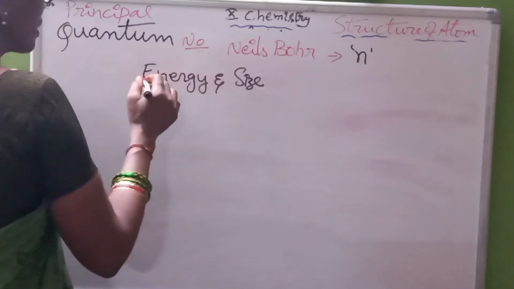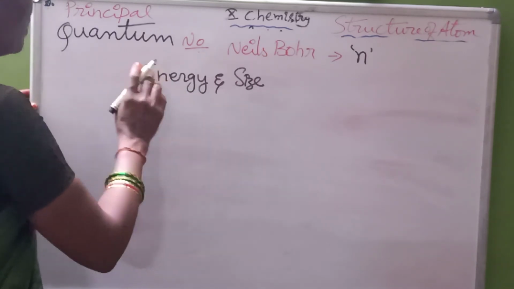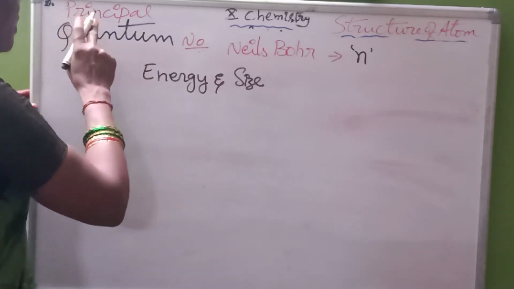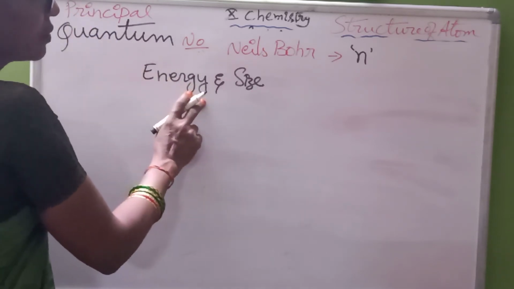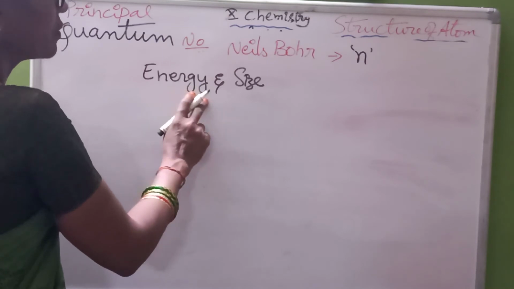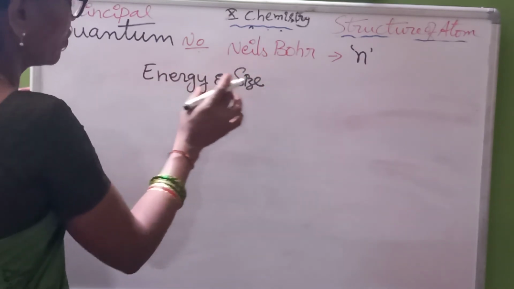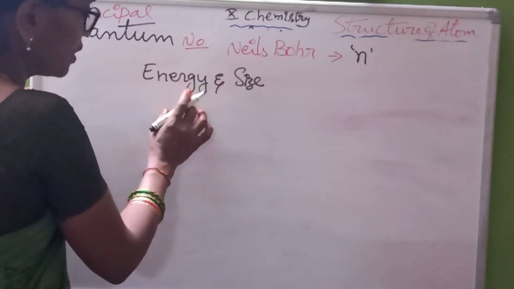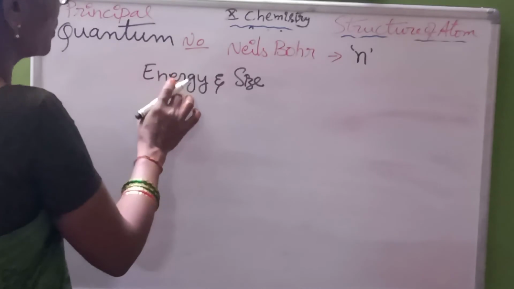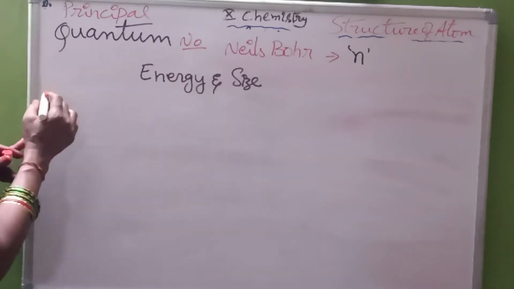These two pieces of information, the energy of that particular shell and the size of an atom, we can get from the principal quantum number. We can also learn how many shells are there, whether it has only the K shell or the L shell.